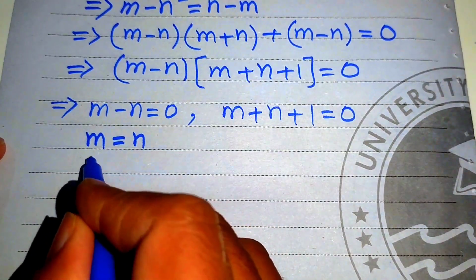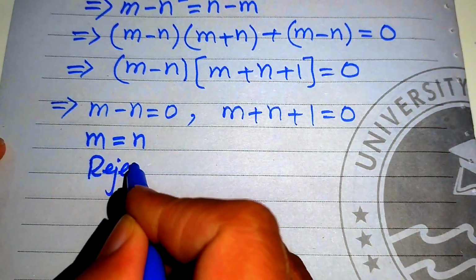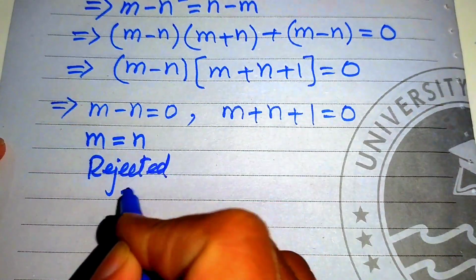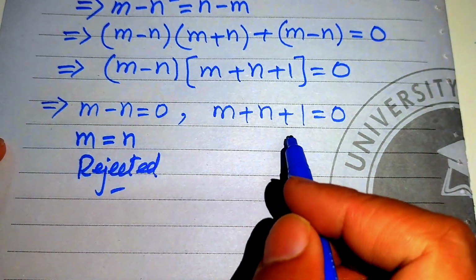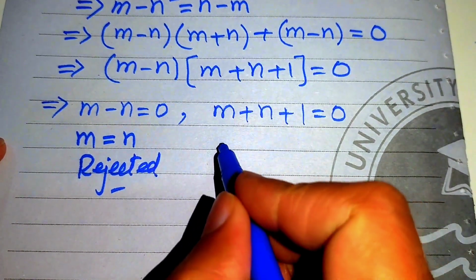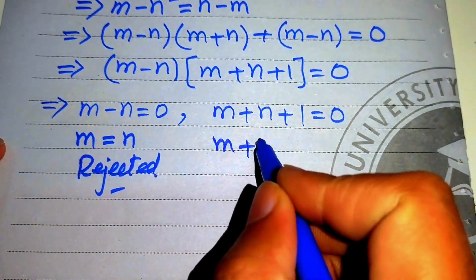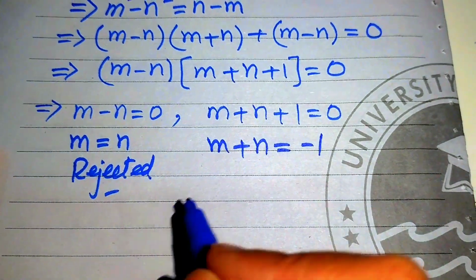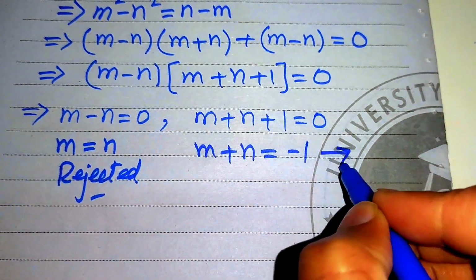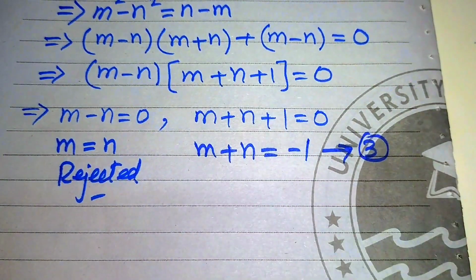So it is not possible, and we reject this case and proceed with the other case only. We move this plus 1 to the right hand side and it becomes m plus n equals minus 1, and we call this equation number 3.